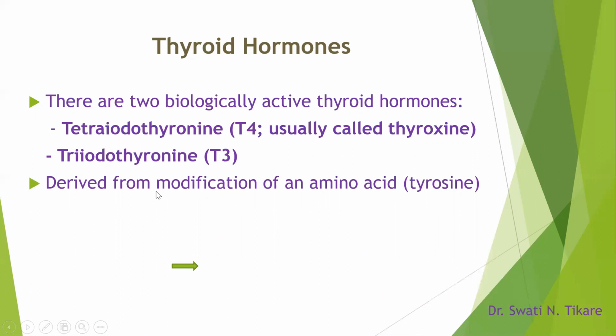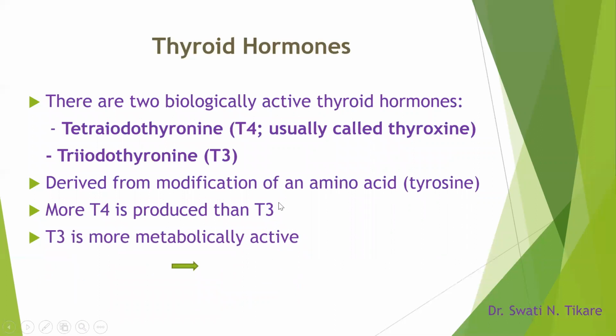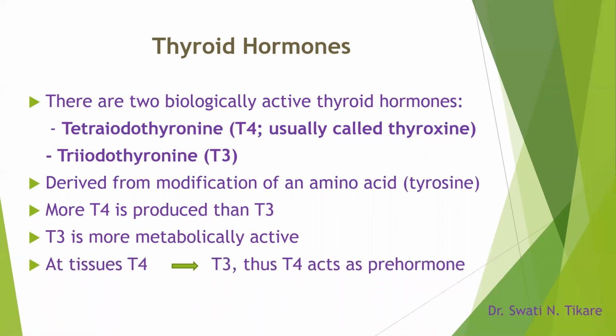So it is derived from a modification of the amino acid tyrosine. A lot of T4 is produced compared to T3, and T4 is later converted into T3. Okay? But it is T3 that is more metabolically active. T3 is more metabolically active. At the tissues, T4 gets converted to T3. Thus, T4 we can say acts as a pre-hormone or pro-hormone.